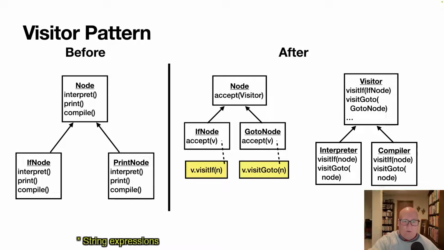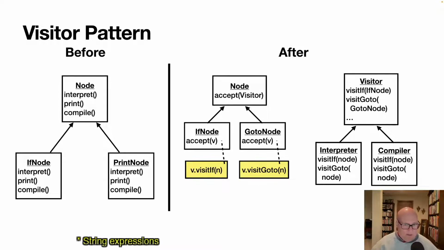The way an if node accepts a visitor is it calls visit if. And the way a goto node accepts a visitor is it calls visit goto. The visitor itself then just defines what do you do for an if node, what do you do for a goto node, for an assign node, for a let node, for this, for that. It defines all those things.